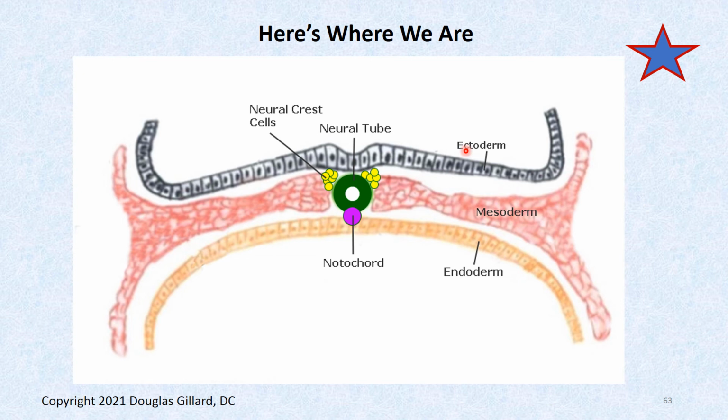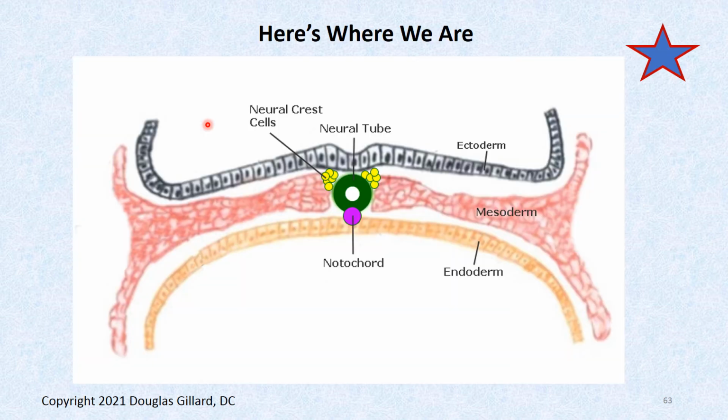So we have an ectoderm, we have a mesoderm, in the middle we have a neural tube, we still have a notochord beneath that, and then we have our endoderm down here, and this is our secondary yolk sac, and this is the amniotic cavity, and there'll be fluid in here, and that's where we are.